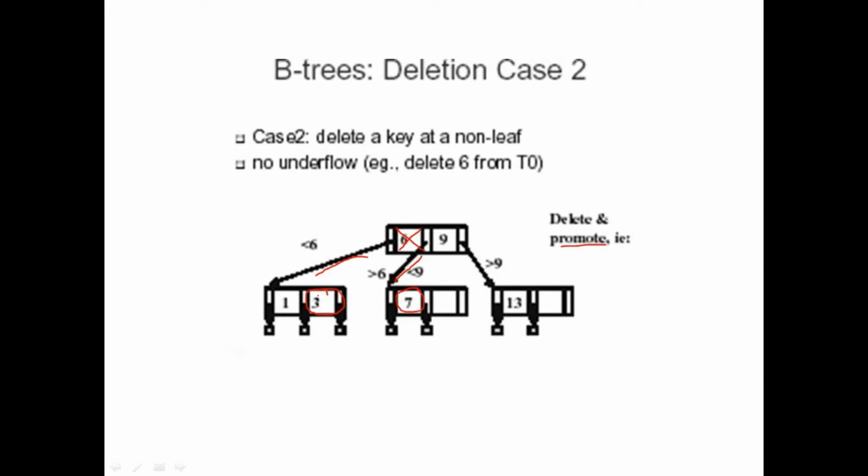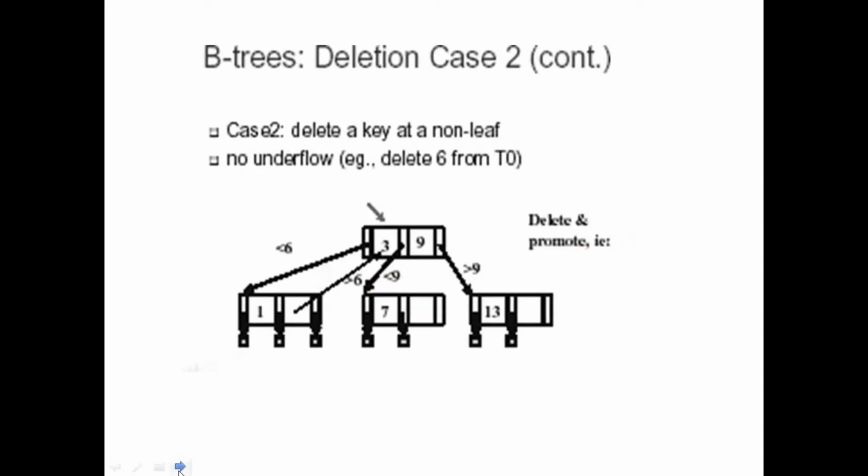You replace 6 with one of these, 3 or 7, and delete 6 from the tree. Here 6 is deleted and we replaced 6 with 3, the left tree's largest element. Then we deleted 3 from the leaf.